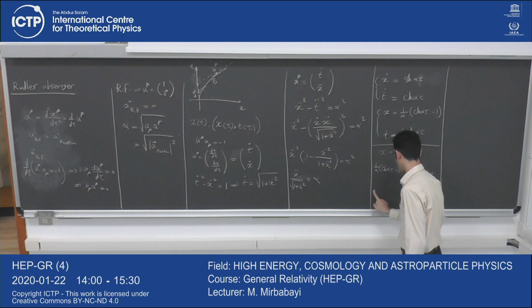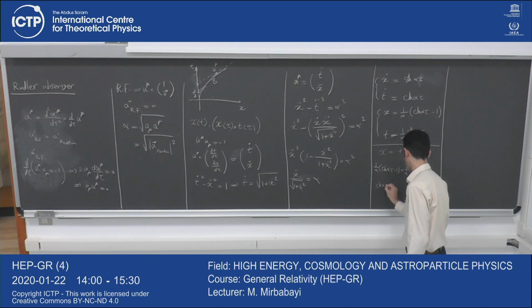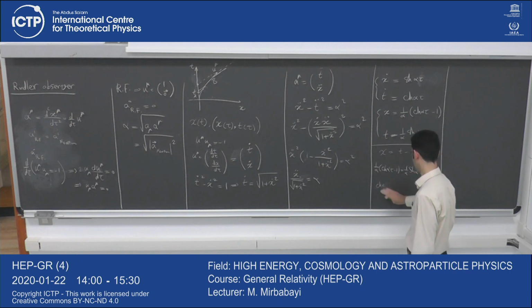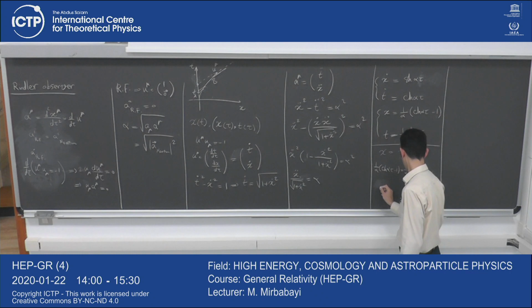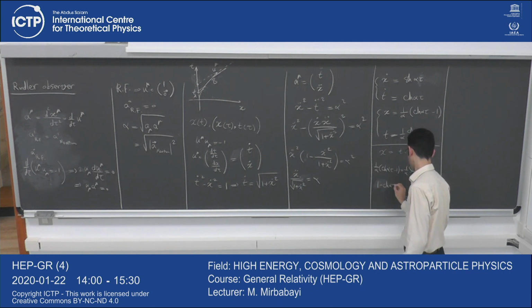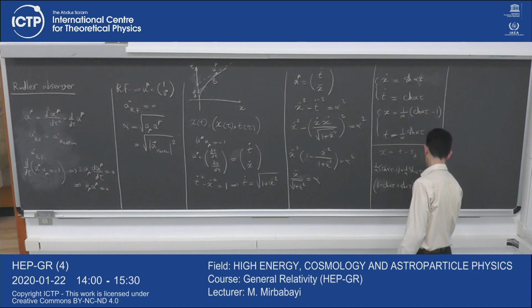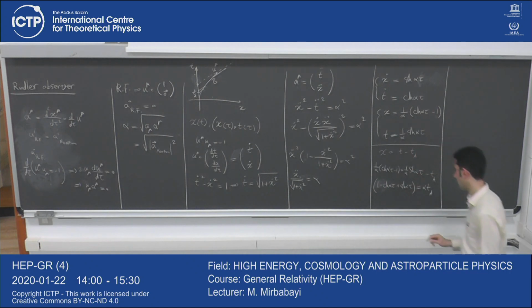So this tells me that 1 minus cosh alpha tau plus sinh alpha tau is equal to alpha ta.